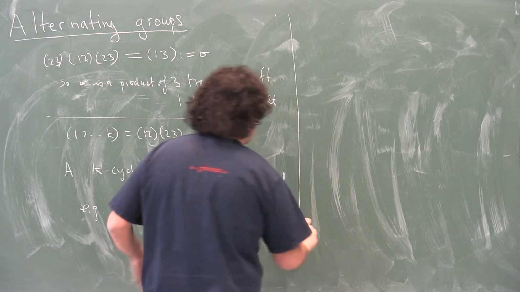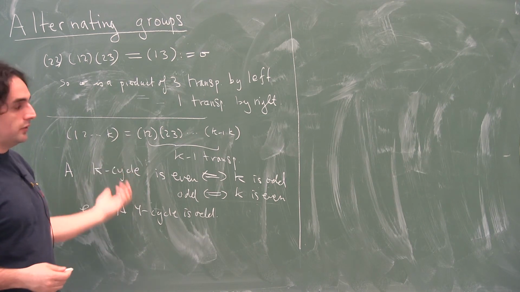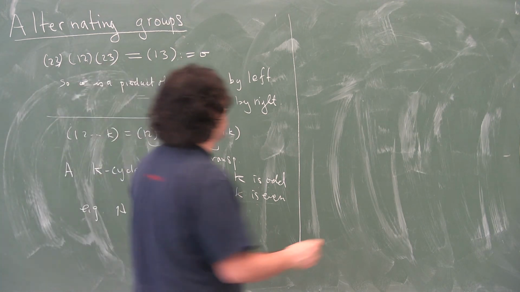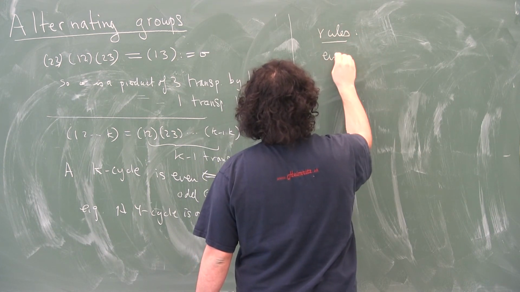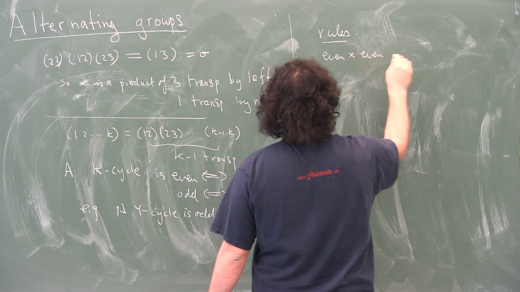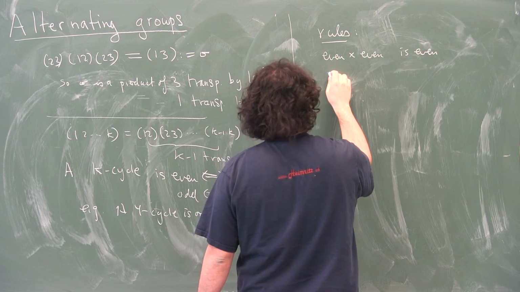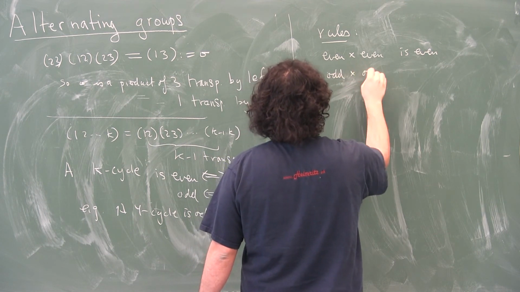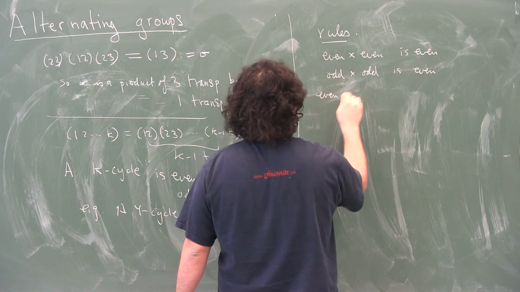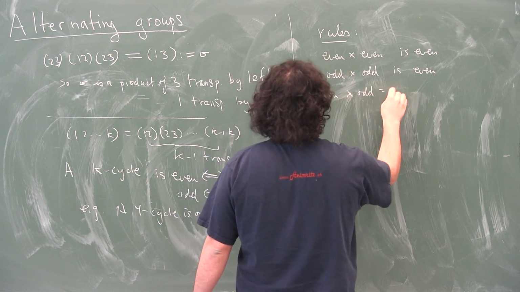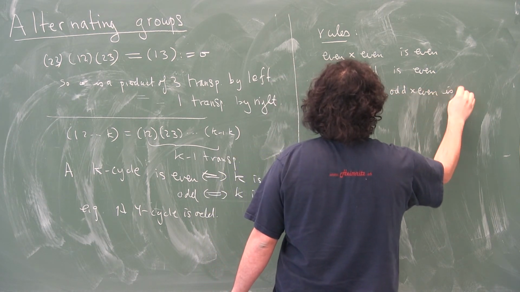Now, to compute the sign or the parity of a more general permutation that need not be a k-cycle, you just use the following rules. Even times even is even, odd times odd is even, and even times odd is odd, times even is odd.